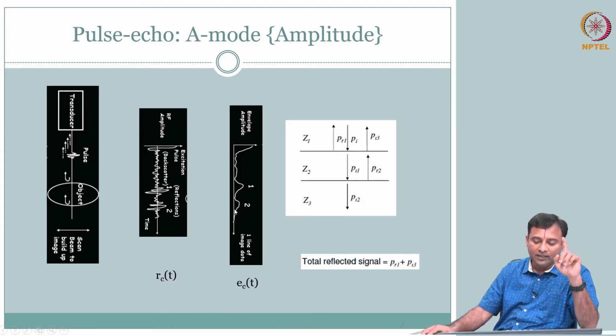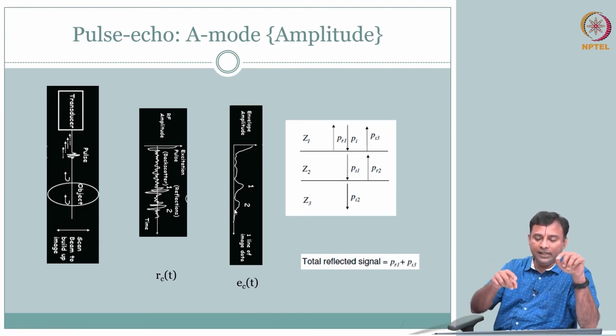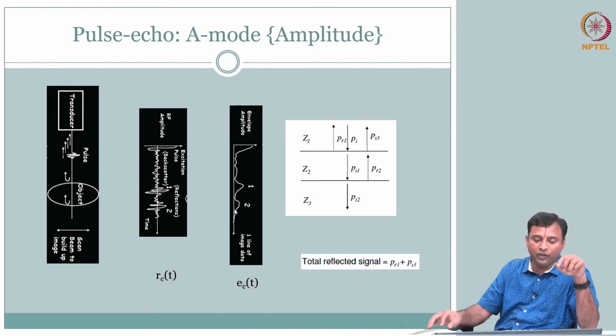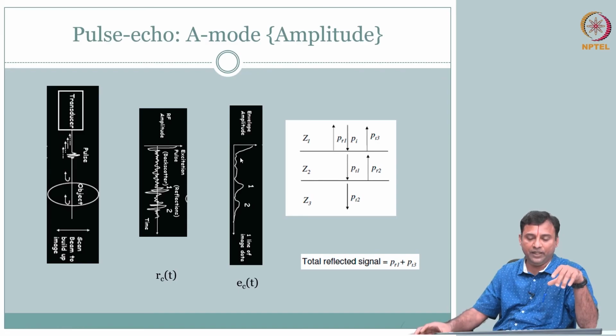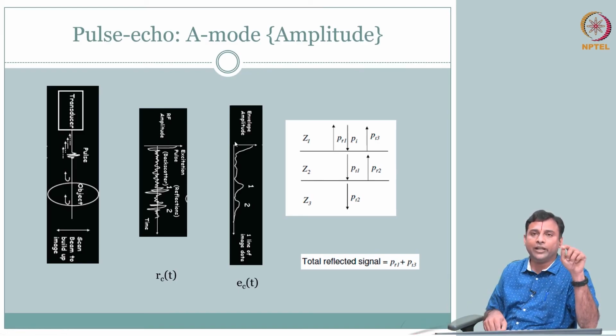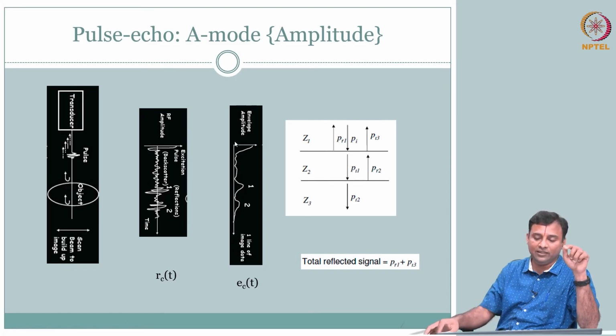Just before that, if you have to do imaging, you have to send the signal and get the signal back from a different location. Only then can you build the image. Otherwise, this is just at one location x naught comma y naught. This is a function of z.